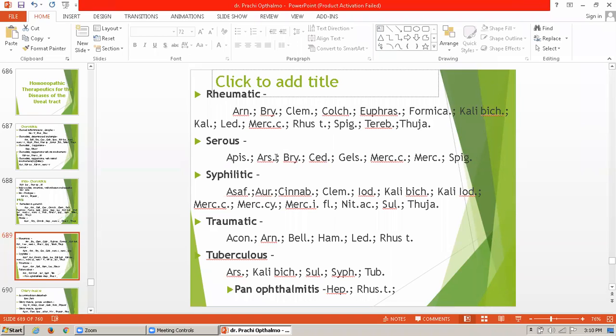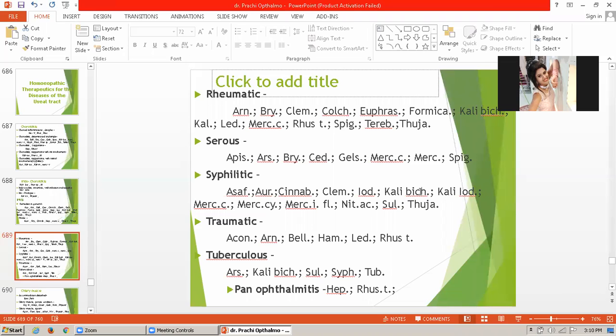For the syphilitic iritis, Asafoetida, Aurum metallicum, Senega, Clematis, Iodum, Kali bichromicum, Kali iodatum, Mercurius, Mercurius iodatus flavus, Nitric acid, Sulphur, and Thuja can be used. For the traumatic iritis, Aconite napellus, Arnica, Belladonna, Hamamelis, Ledum pal, and Rhus tox are useful.